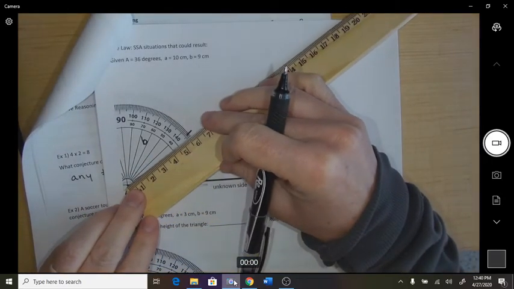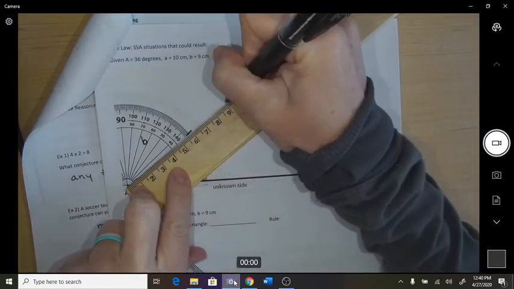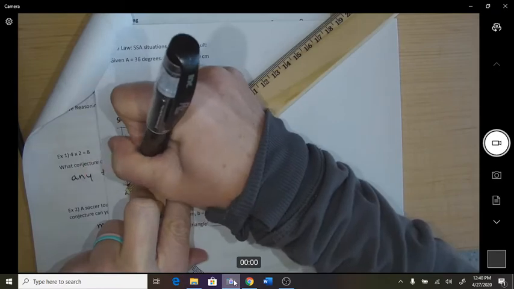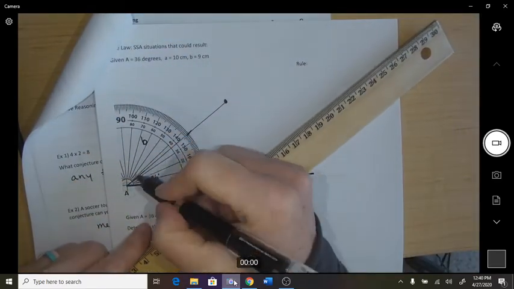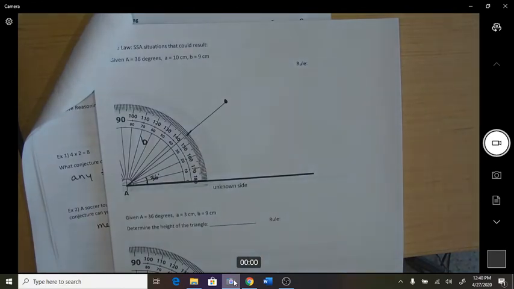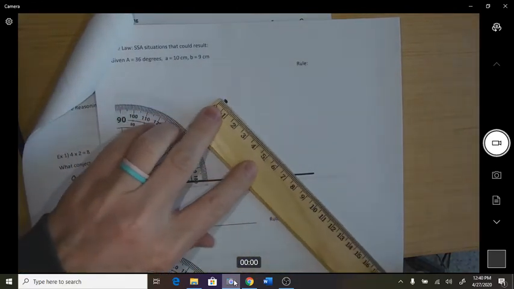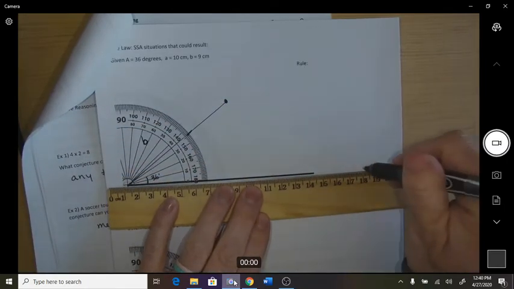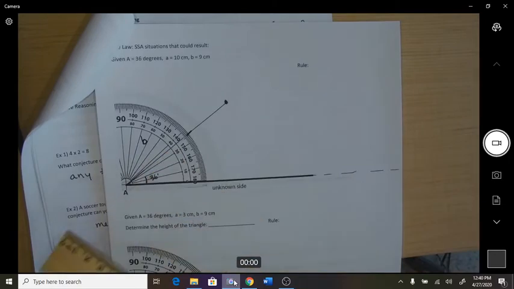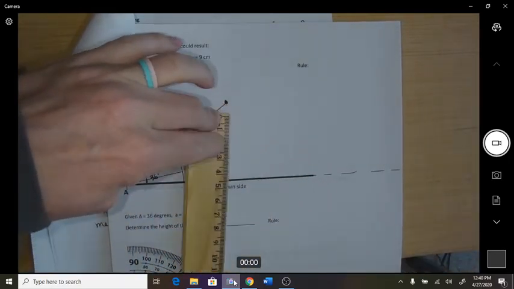So I'm going to go through that angle 9 centimeters out. Okay, and if A is 10, I'm just going to extend this line. I don't know how long this line is, by the way. I'll just fit it across my whole page. Okay, so where will 10 go?